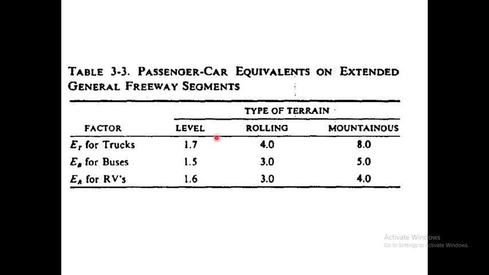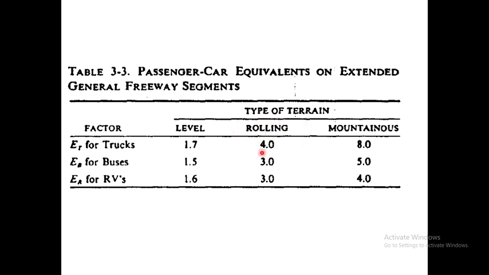As I mentioned, we have three different terrains. The level one means that we have a very small grade, and then the rolling and the mountainous. For example, the equivalent for trucks, ET, for rolling would be equal to 4.